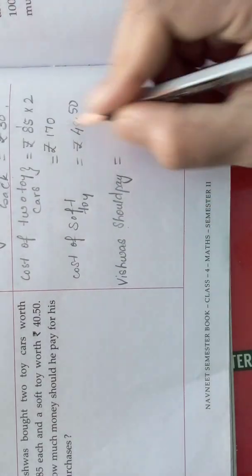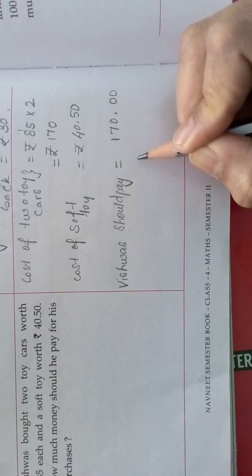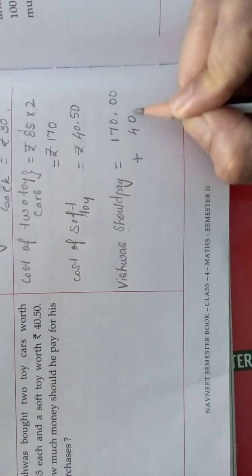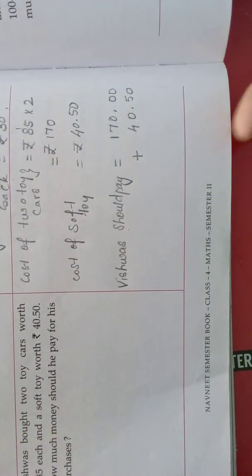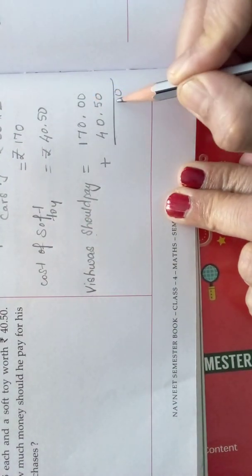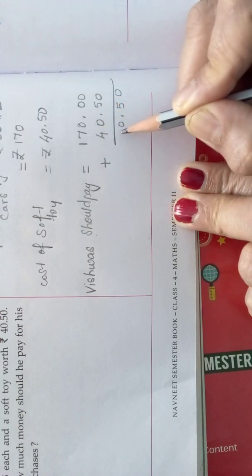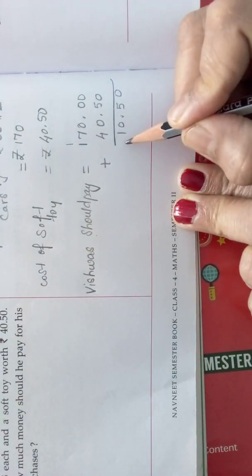You should add both the things. 170 rupees plus 40 rupees 50 paise. Okay. Add it. 0 plus 0 is 0, 0 plus 5 is 5, 0 plus 0 is 0, 7 plus 4 is 11 and 1 as carry, 1 plus 1 is 2.